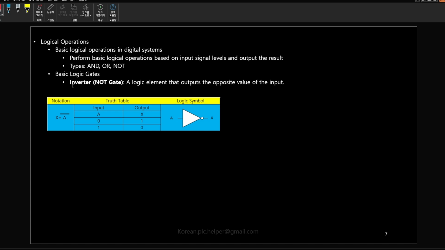The first is the invert. This is the NOT gate or inverter, which outputs the opposite value of the input. The notation is X equals A bar.